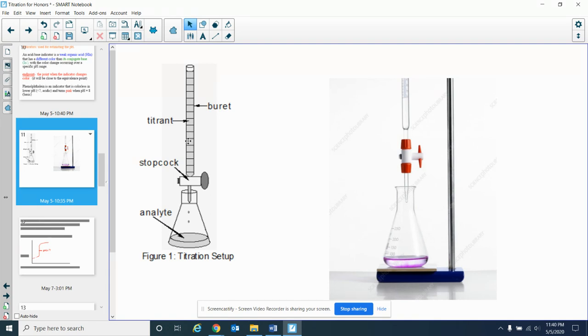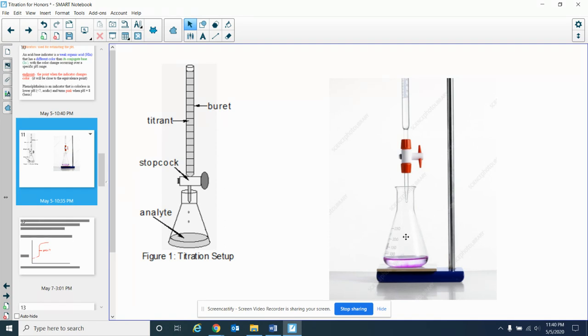Whatever you have up in the burette is called the titrant, and the little valve that you turn to slowly let the liquid out, or you can do it quickly, depending on how careful you're being, is called a stopcock. And then what you're analyzing down below is the analyte.